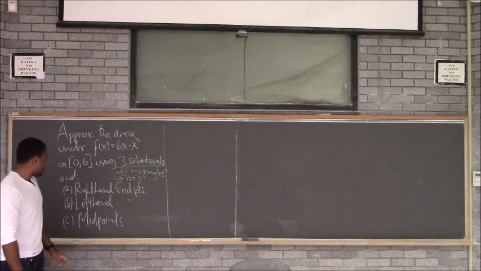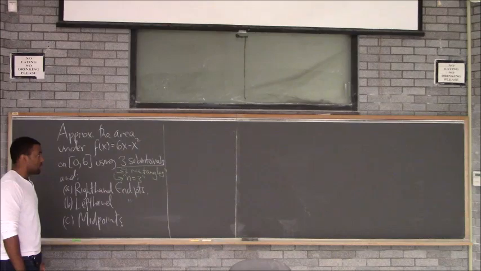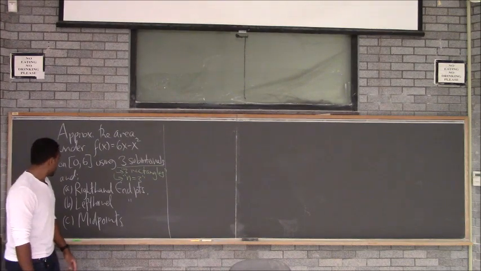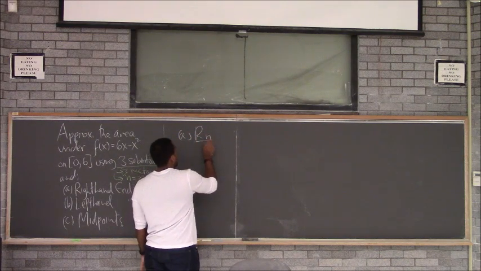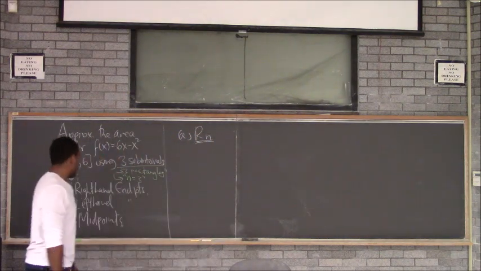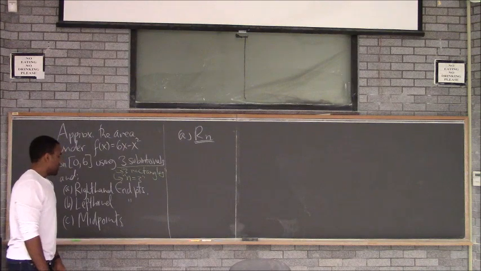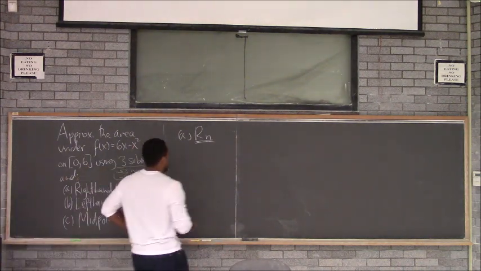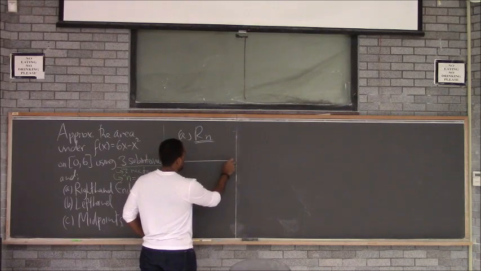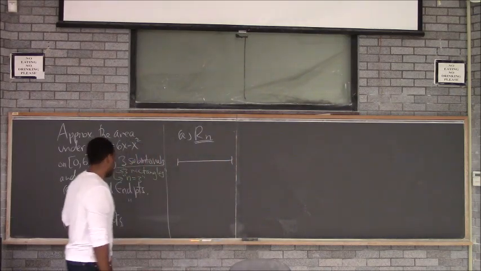Last time I described these in pictures, so let's see what the calculations will look like. I'm doing the right-hand, so remember we call that R sub n. Here's how I like to do it. I like to actually draw in the interval, just to have a visual frame of reference.